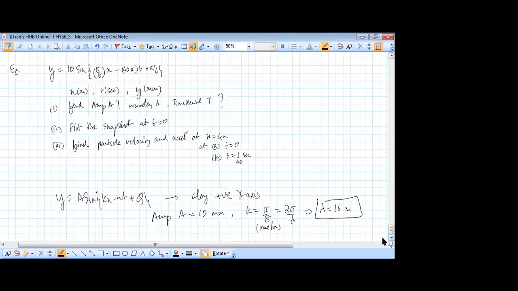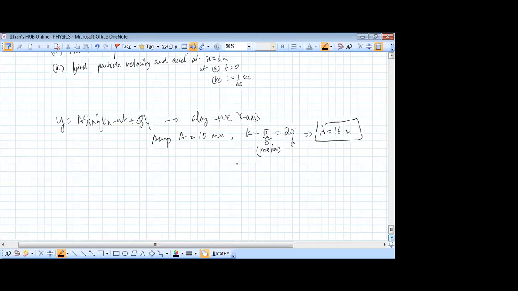Okay. And similarly, omega is 40 pi radians per second, which is 2 pi f. So the frequency is 20 hertz, or the time period is 50 milliseconds, or 1/20th of a second.